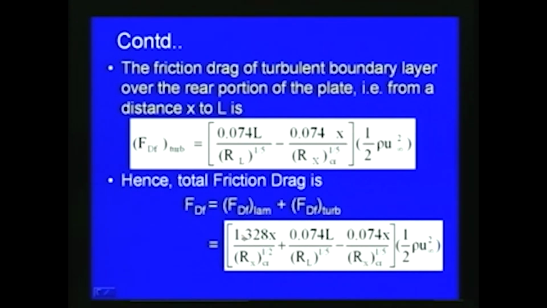Here x is the critical distance where the Reynolds number is critical, for the flat plate it is 5 into 10 to the power 5, RL is the Reynolds number at the trailing edge of the plate, and L is the length of the plate. This gives the total friction drag wherever laminar and turbulent boundary layers exist simultaneously.